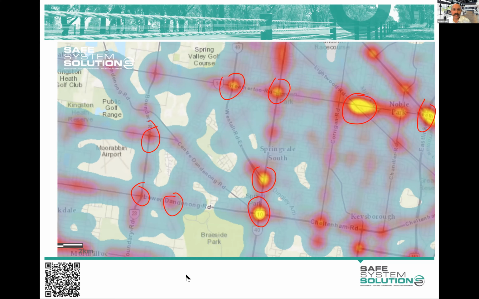We use ArcGIS, but you can literally download the data from the Centre for Road Safety's website or the crash stats and just drop it in. There's one that's a lot easier to use for heat mapping, Batch Geo. It's unbelievably easy these days. You get your Excel, download it, put it in, and it figures out what's going on and maps it.